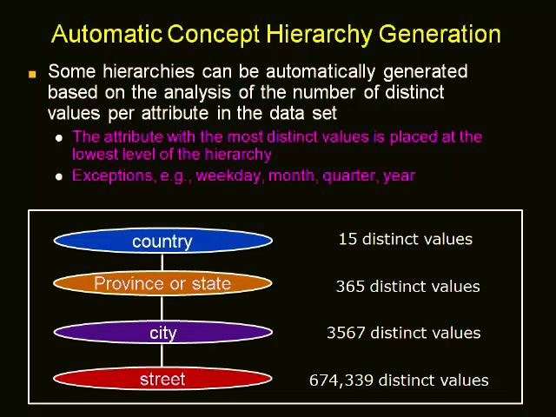Then we can generate the concept hierarchy automatically by arranging the attributes by number of distinct values in increasing order, and putting the attribute having the lowest number of distinct values as the root node in the concept hierarchy. That is, the attribute with the most distinct values is placed at the lowest level of the hierarchy. Here the most distinct values exist for the attribute street, which is why we keep it at the lowest level. We repeat the process recursively to arrange the hierarchy.